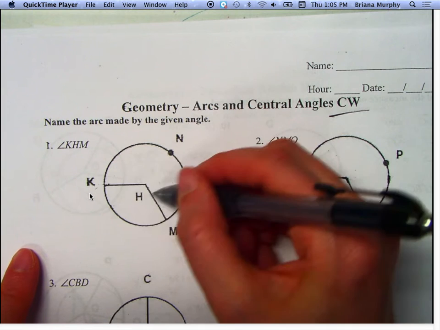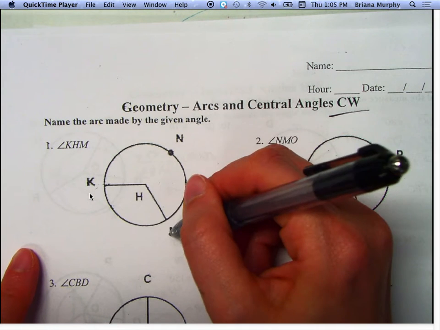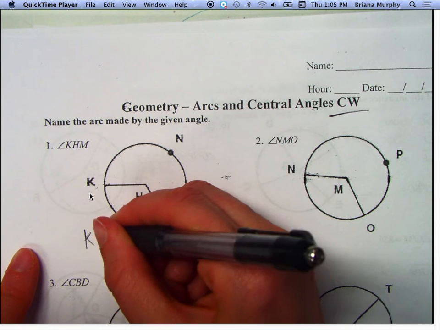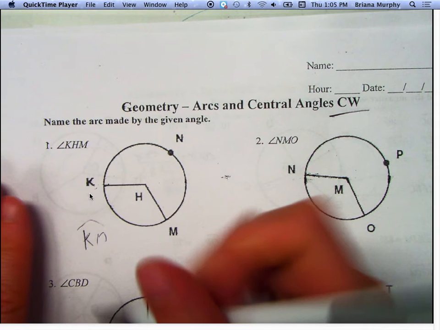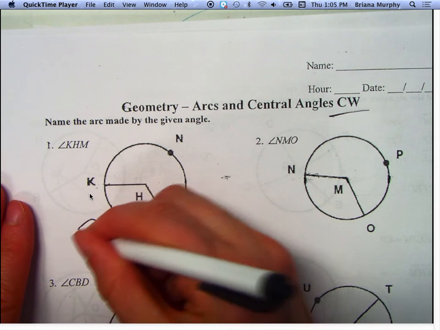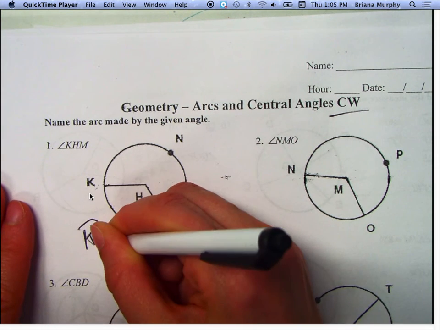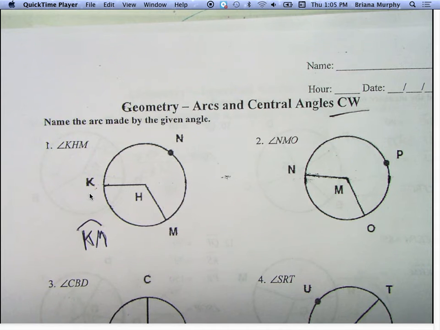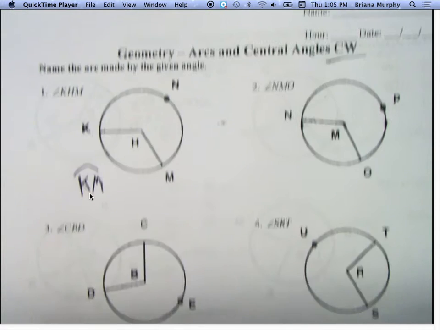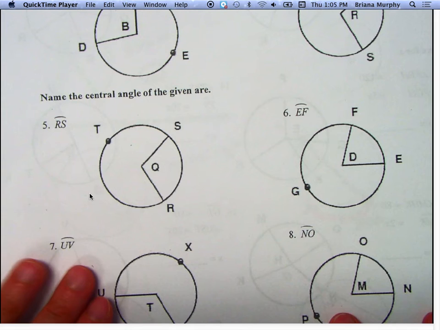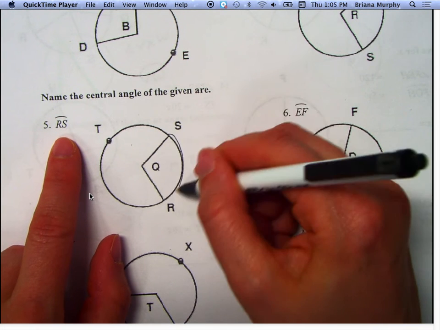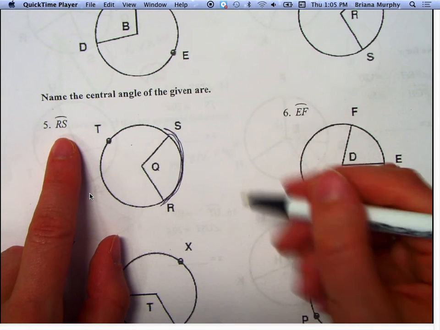KHM. What is the arc made by KHM? KM. That's it. Okay? Let's move down to number 5. What is the angle made by arc RS?